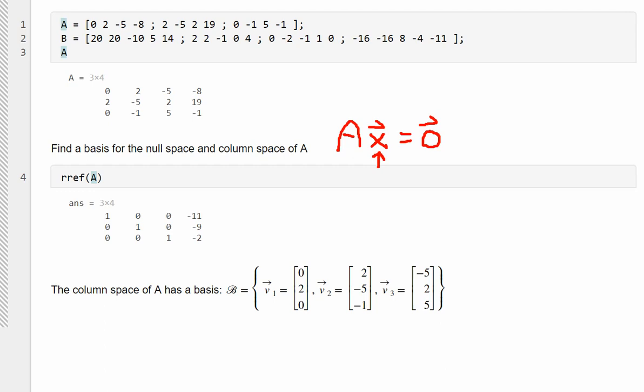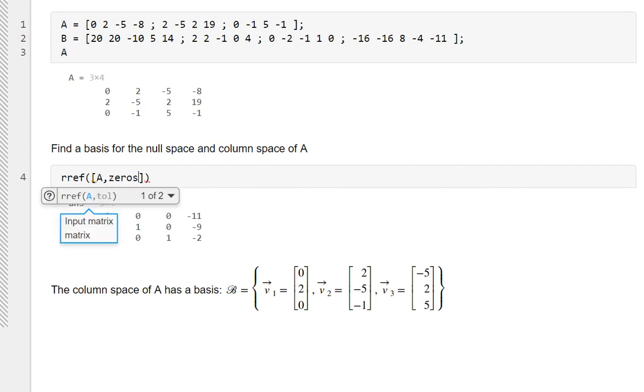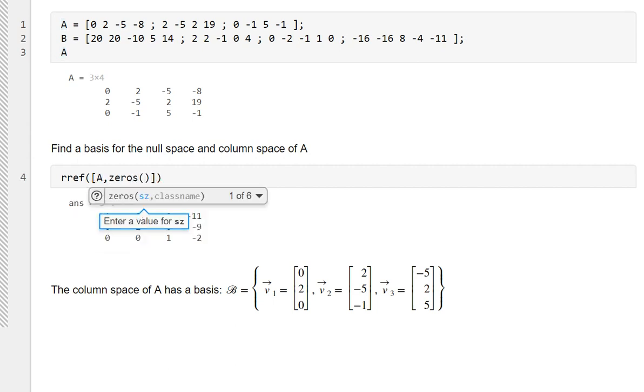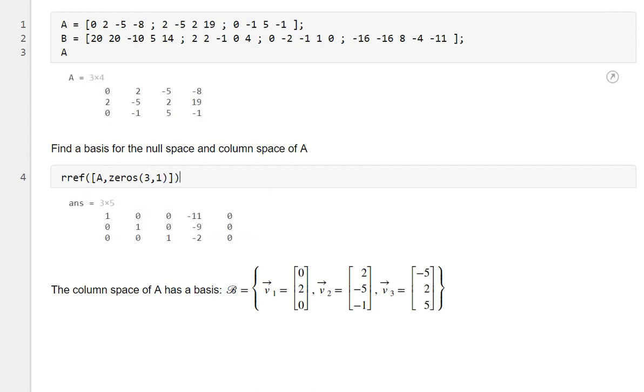And of course, the zero vector is always in there. We know that. So what I want to do is augment the matrix A with the zero vector. So I need a 3 by 1 matrix to augment.